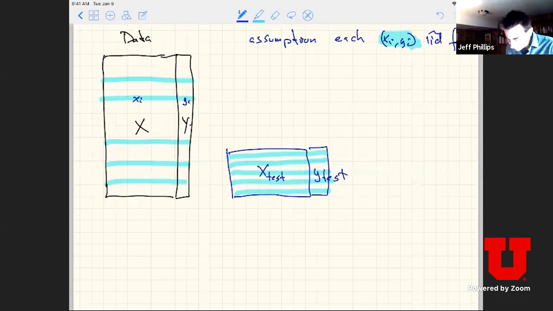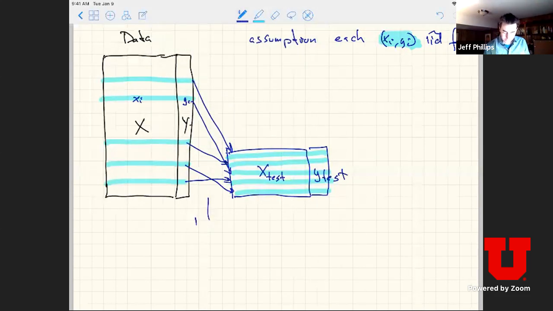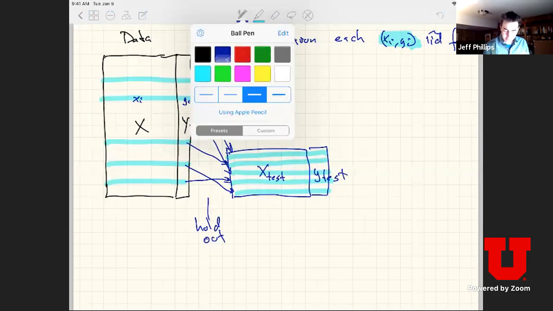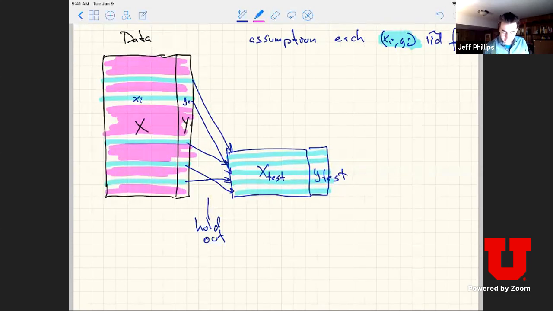I'm just randomly sampling rows into these spots. I'm going to hold out these data, and all of the other data I have left over, the data I did not choose to be in the test set, is going to end up here in my training set.